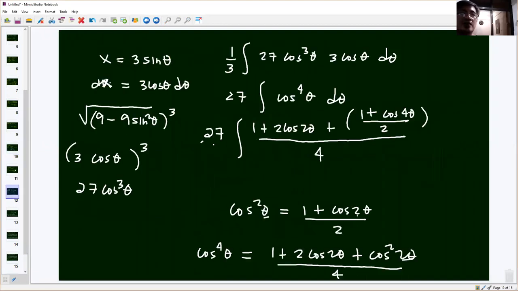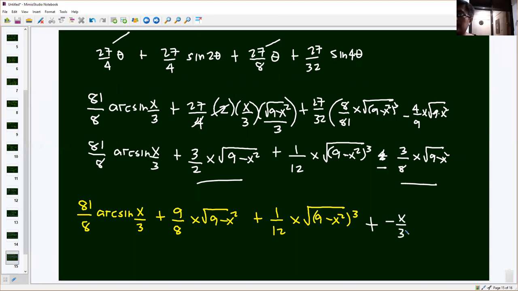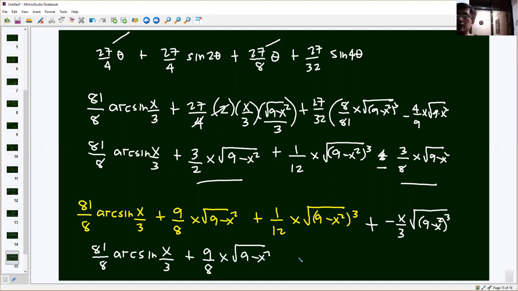Negative x over 3 times 9 minus x squared cube. Guys, can you combine 1 over 12 and then negative 1/3? Negative 1/4. You have arc sine x thirds plus 9/8 x square root of 9 minus x squared. Sabi ni Yaps, negative 1/4, negative x over 4 square root of 9 minus x squared cube plus c.